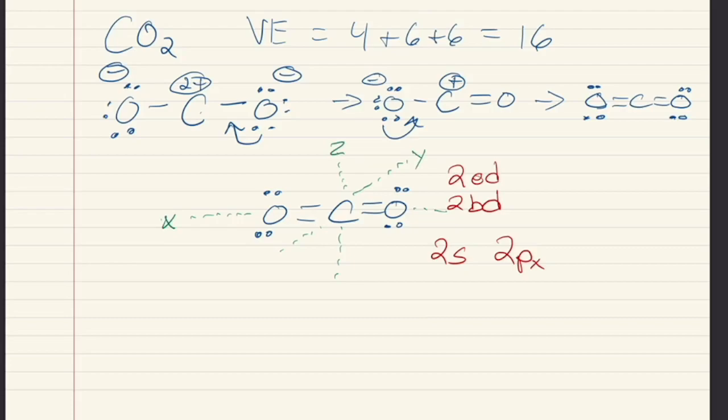So the z and the y p orbitals are not being used to create the sp hybridization. Notice we only use one p. We still have left over pz, excuse me, and py.